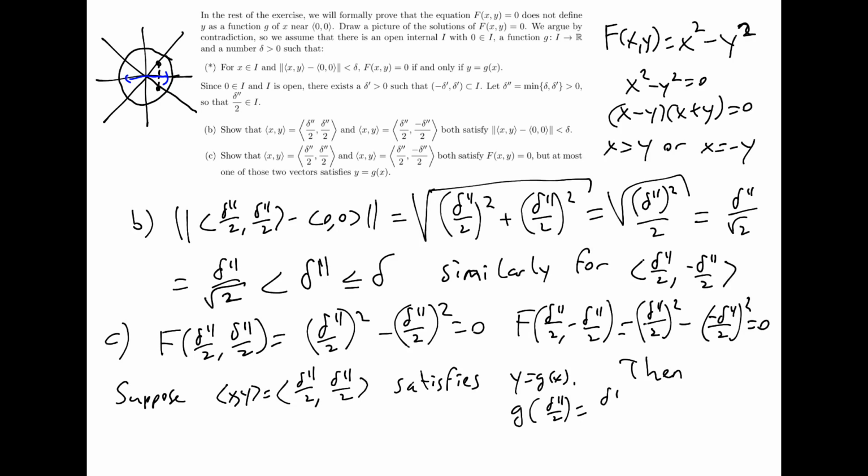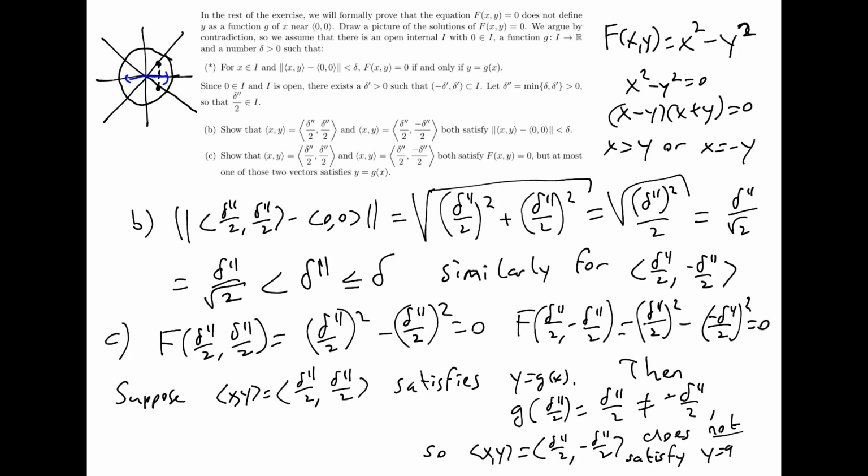This is now equal to delta double prime over 2, according to what we suppose, but that's not equal to minus delta double prime over 2. Right? These are different numbers, because delta double prime is strictly bigger than 0. So the other point does not satisfy y equals g of x.